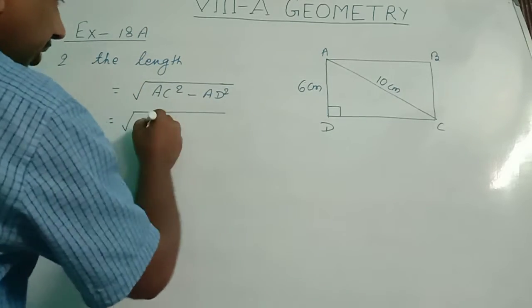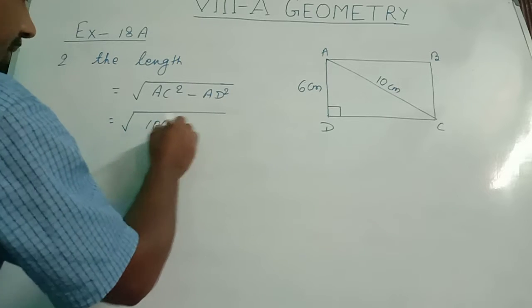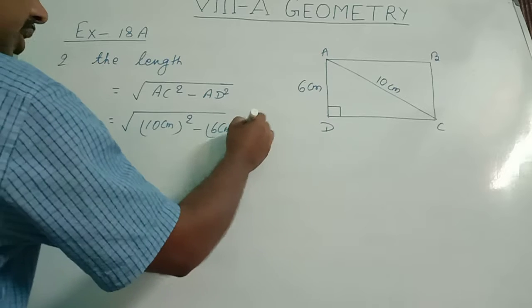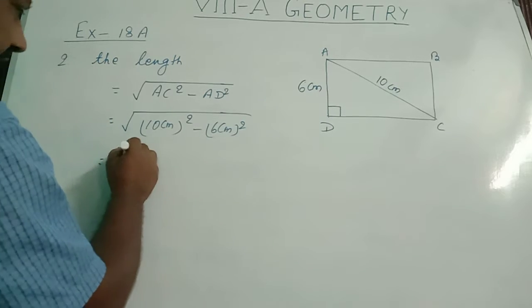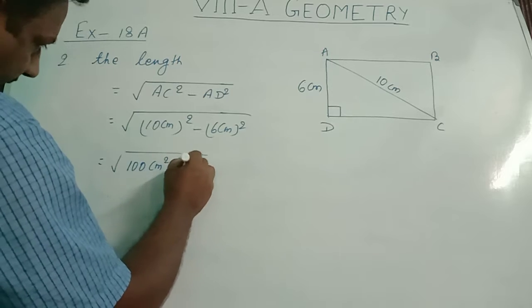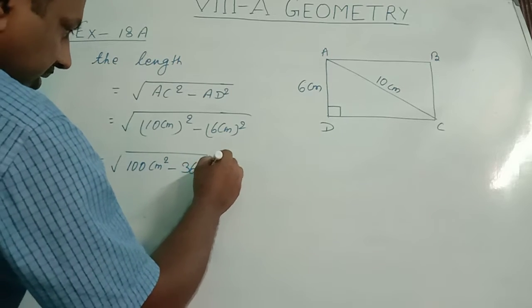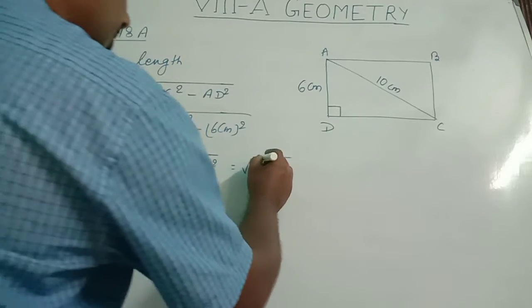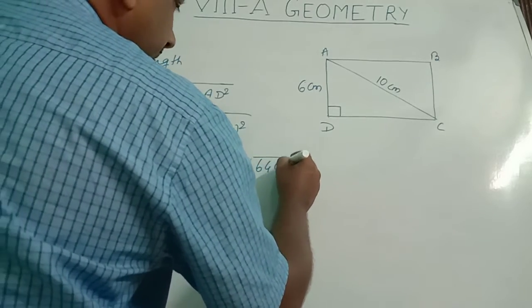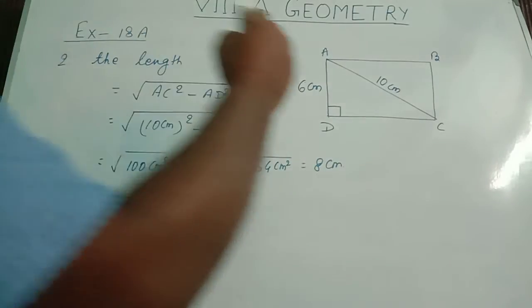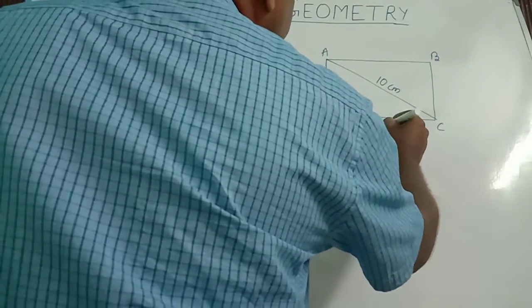So this will be 10 centimeter whole square minus 6 centimeter whole square. If we calculate it, we get 100 centimeter square minus 36 centimeter square equals 64 centimeter square, equals 8 centimeter. So the length we got is 8 centimeter.